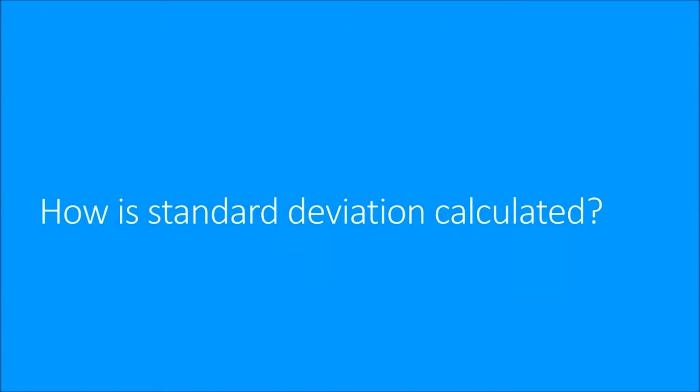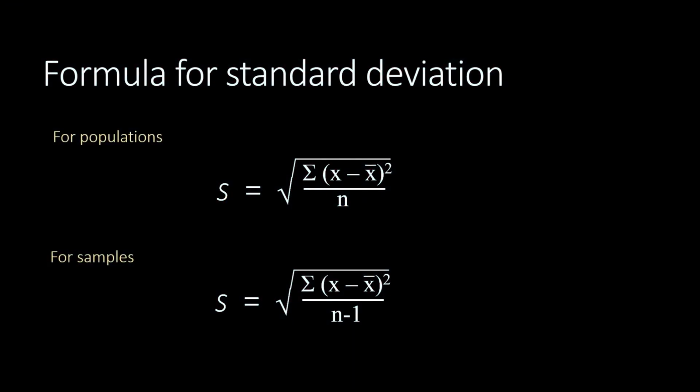Right, so the next thing is, how's it calculated? Well, you have a formula for standard deviation, or actually you have two formulae, depending on whether you're using a population or a sample. Now, in the classes we've used so far, we got data for every single pupil, all 20 in the class.